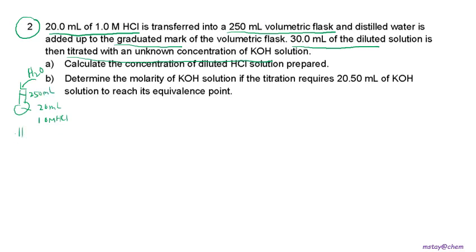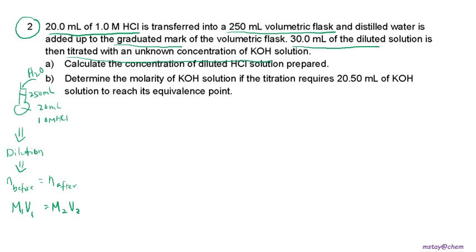So this action generally is a dilution process. If we want to do the dilution process, we have the idea that the number of moles of the solute before the dilution and after the dilution are the same. So we can use the formula M1V1 equals M2V2.